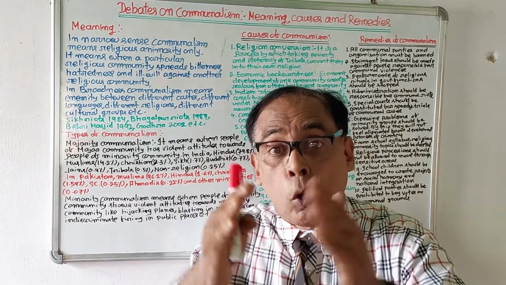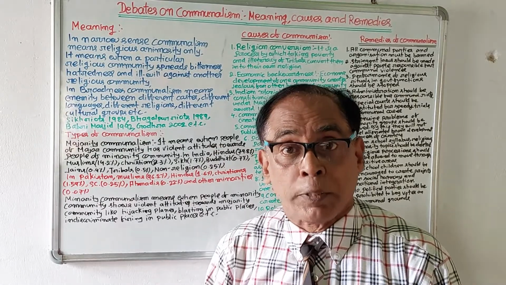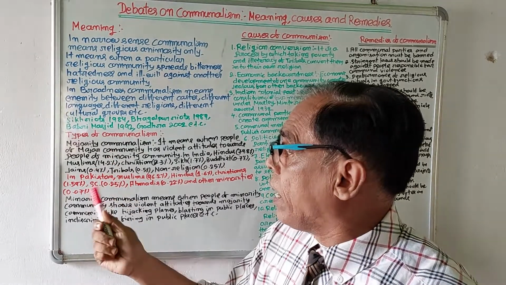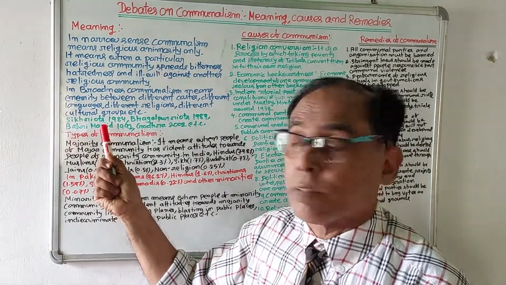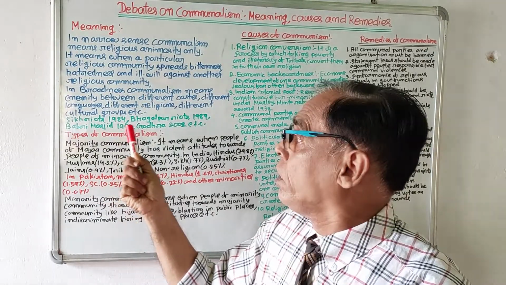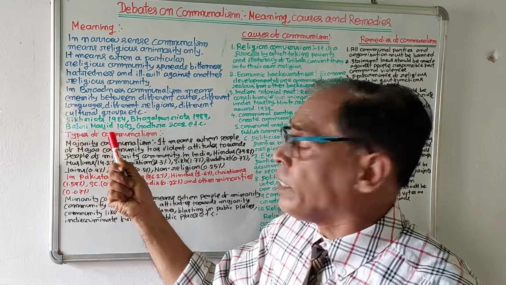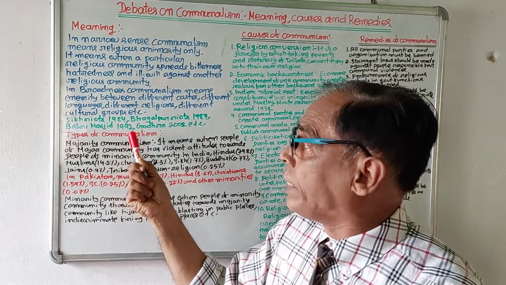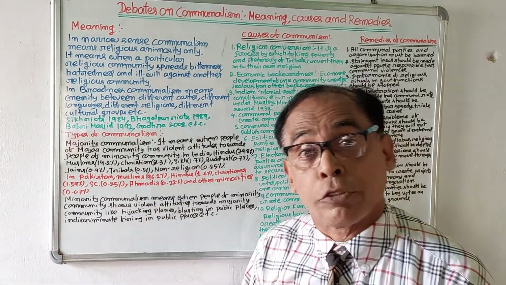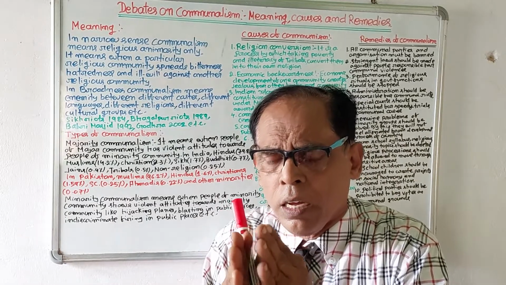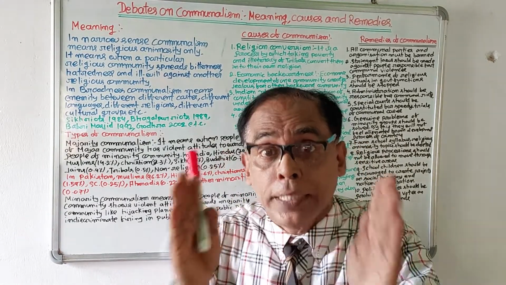And major communal problems in India are Sikhs riots 1984, Bhagalpur riots 1989, Babri Masjid incidents 1992, Godhra incident 2002. So in India, communalism is a major problem.